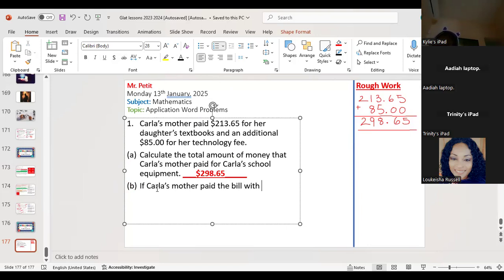So what we did was we added $213.65 and $85, and that's how we got $298.65. Very good.